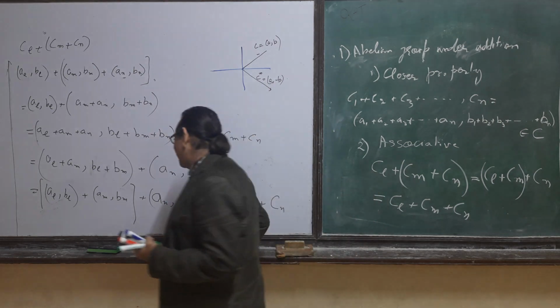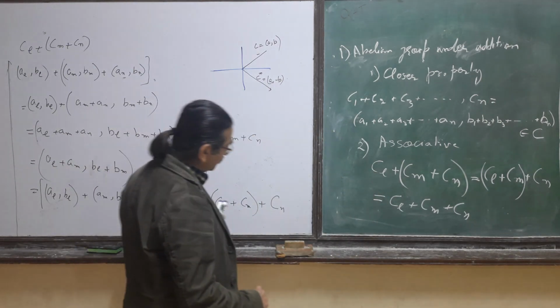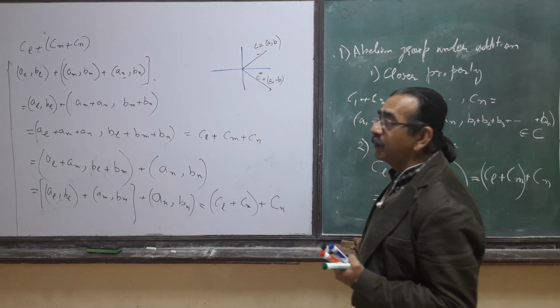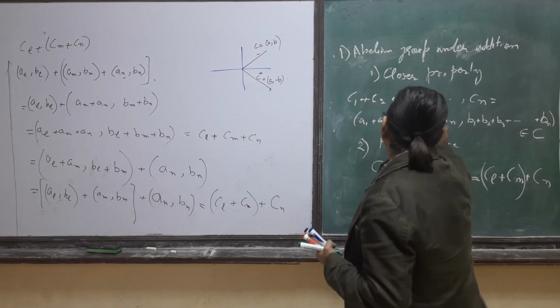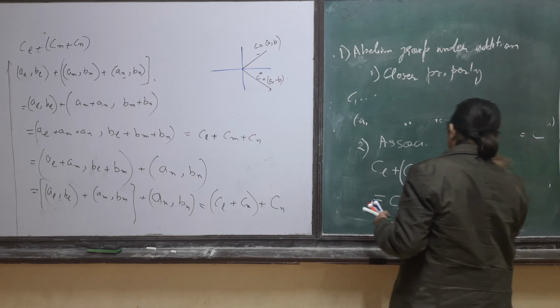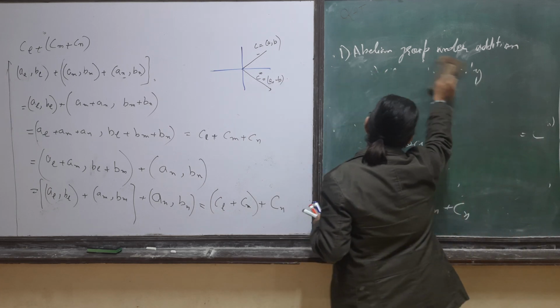Okay. So this is the closure property. Oh, sorry, associative property.